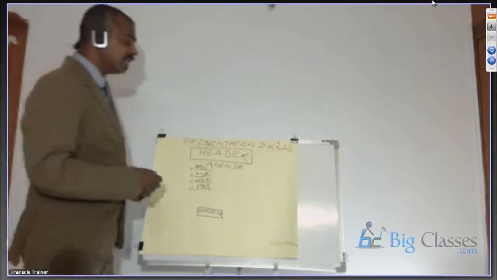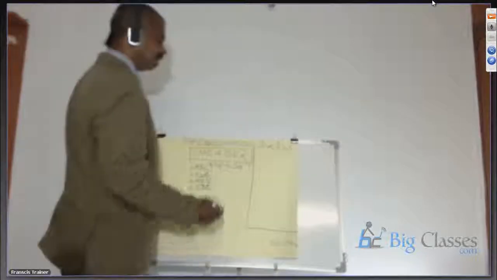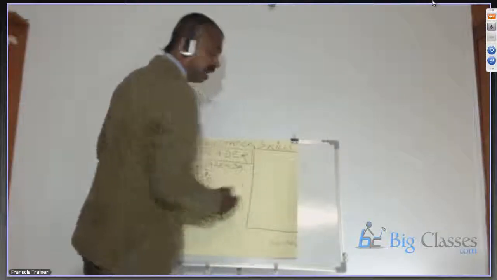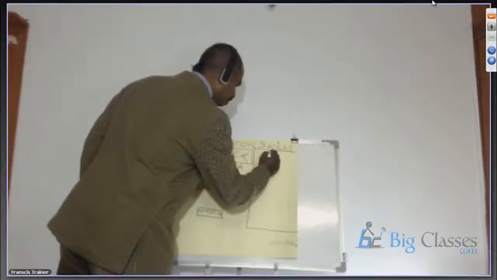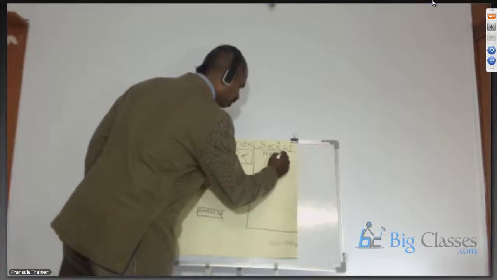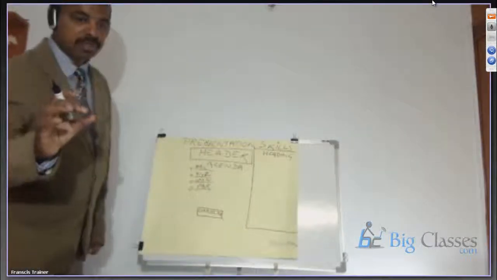Now when I come to the next page, say for example, here is my next page. The next page will also have the heading. I need to do one thing.